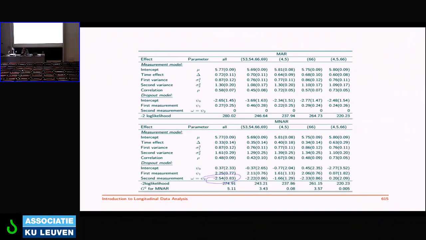If you remove all of the guys from the original local influence analysis, you still have significance. If you remove 4 and 5, that significance has gone. If you remove, interestingly, 66 on its own, not really. If you remove 4, 5, and 66, nothing is left of the effect whatsoever.